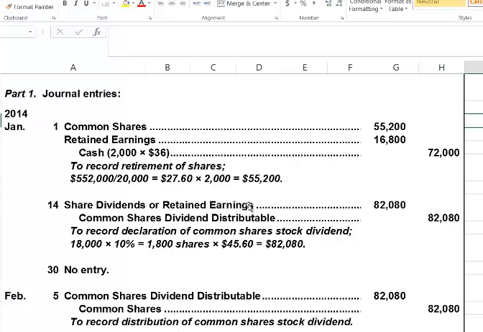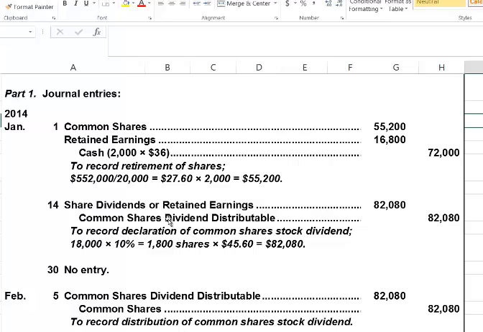So that means we're going to debit our share dividends. Actually, at the end they told you to close the dividends account, so I guess we needed to know that we were going to use a dividends declared, or in this case specifically a share dividend account, and we're going to credit an account called common share dividend distributable.